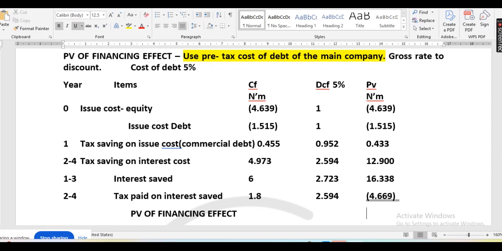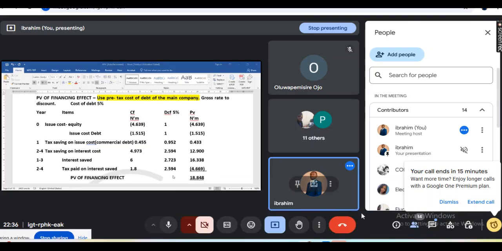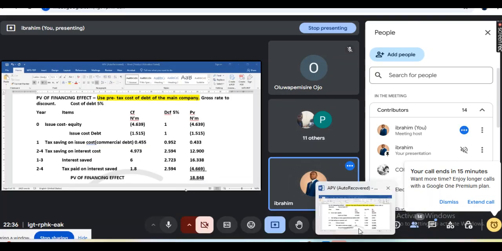Okay, it has been submitted. No, I got 18.848, positive. Is it 848? Yes, 848. Okay, 18.848. Please confirm again if we have 18.848.